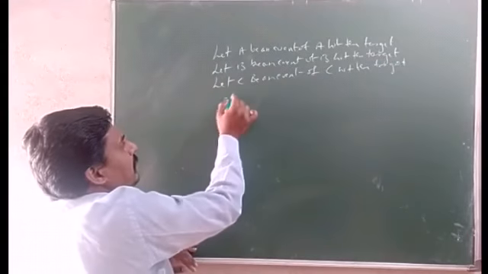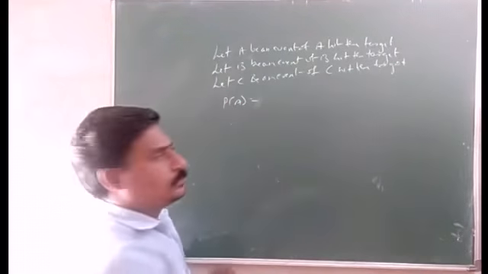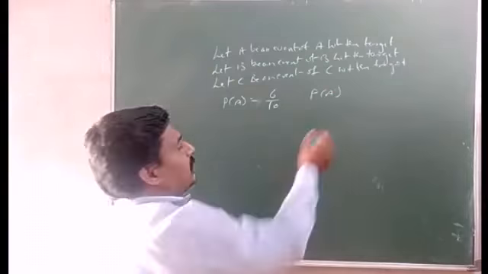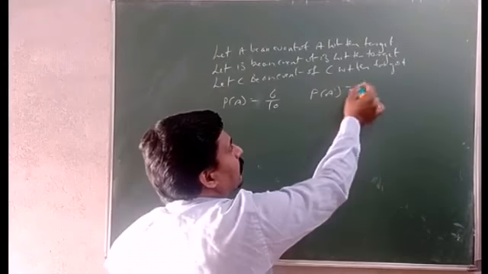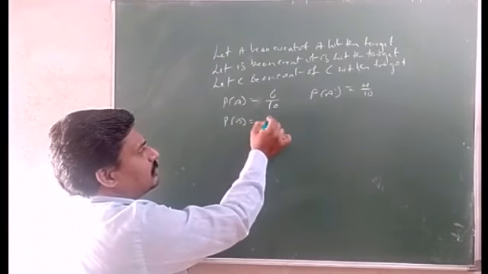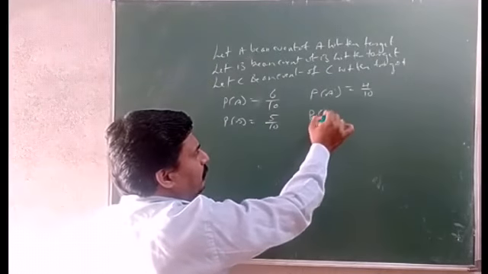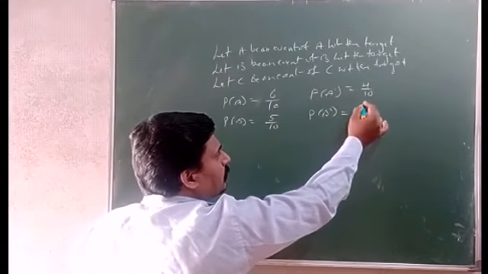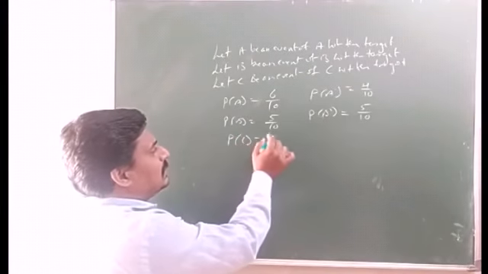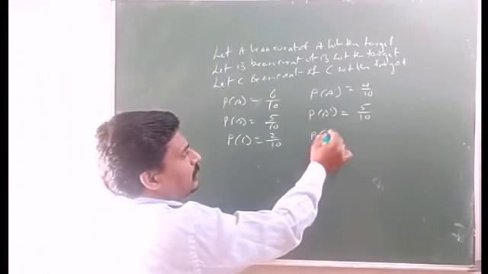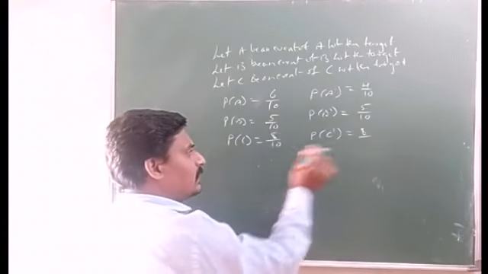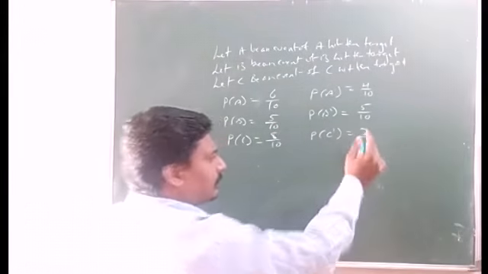Then probability of A is equal to 6 by 10. Complementary of A, that is A will not hit, is 4 by 10. Then probability of B hit the target is 5 by 10. So probability of B dash is equal to 5 by 10 again. And the last, probability of C hit the target is 8 by 10. So C dash is 2 divided by 10.